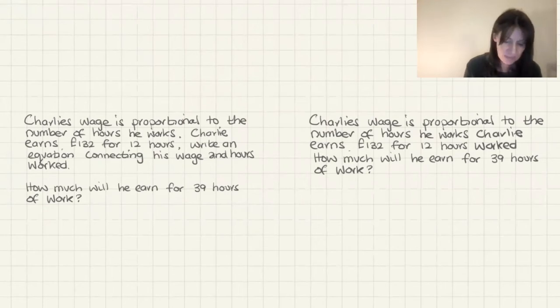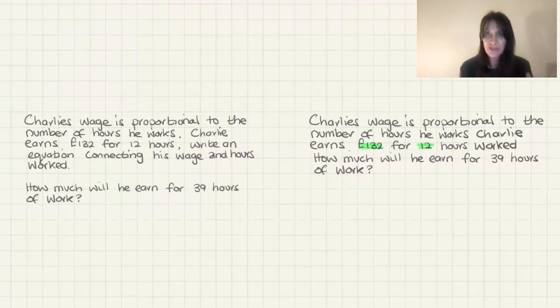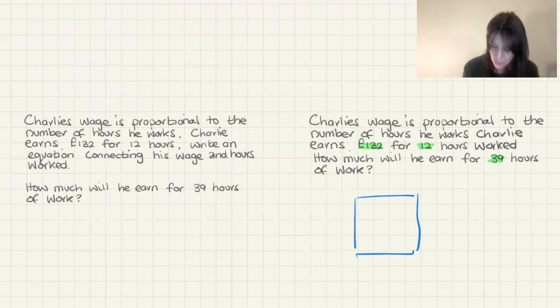Let's say you were completely stuck on this, but you could at least see I've got a fact, 132 for 12 hours, and I've got 3 pieces of information. That's all I need for boxes and labels. So if you are struggling at all, you can use this system.